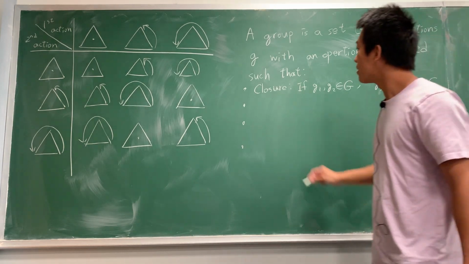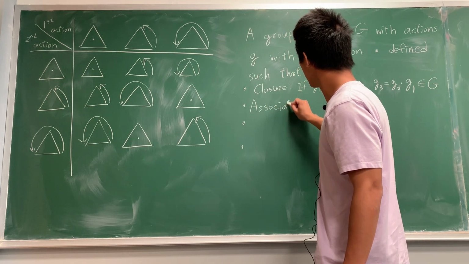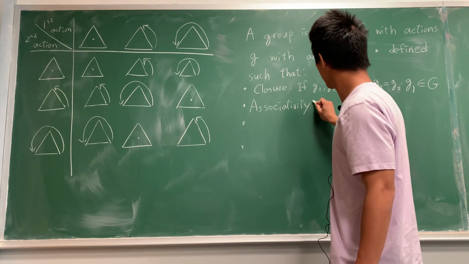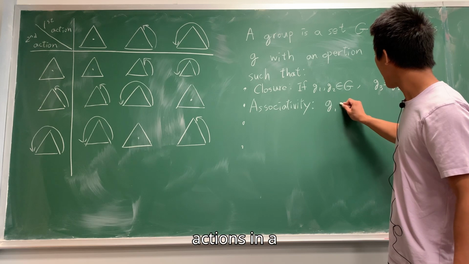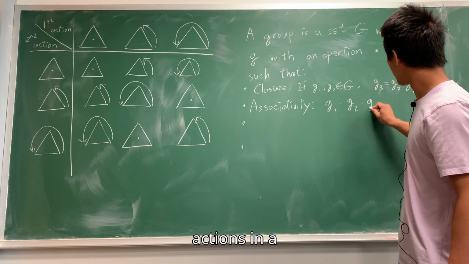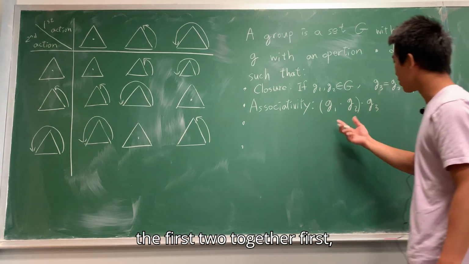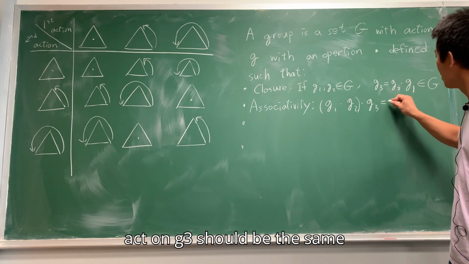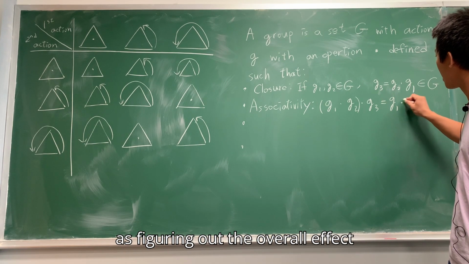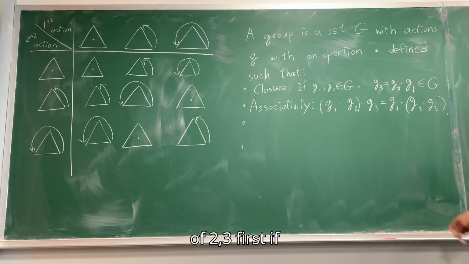The second one is associativity. This means that if we want to act three actions in a row, then acting the first two together first and figuring out the overall effect, then acting on g3, should be the same as figuring out the overall effect of 2, 3 first, and then acting on g1.